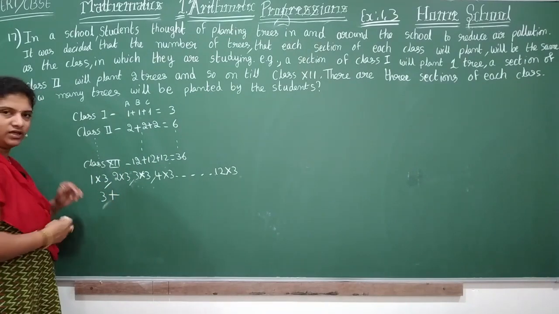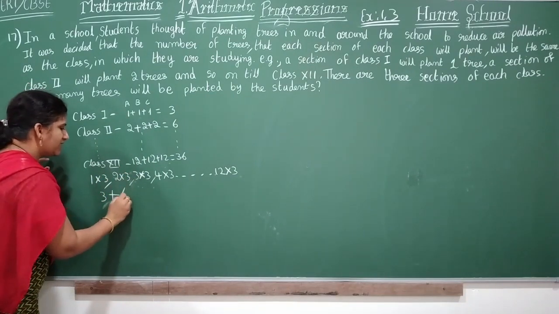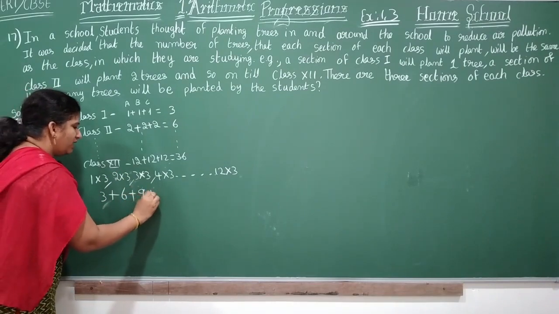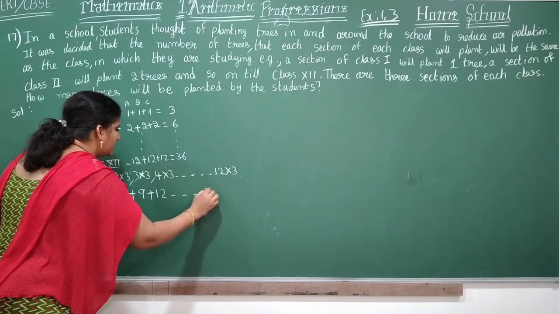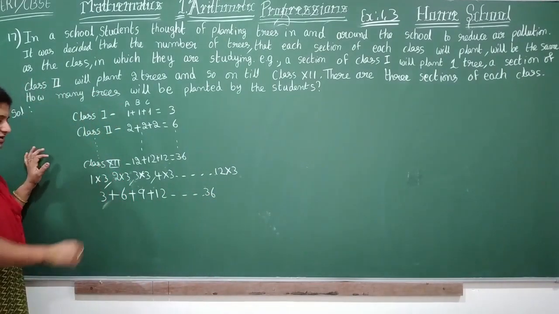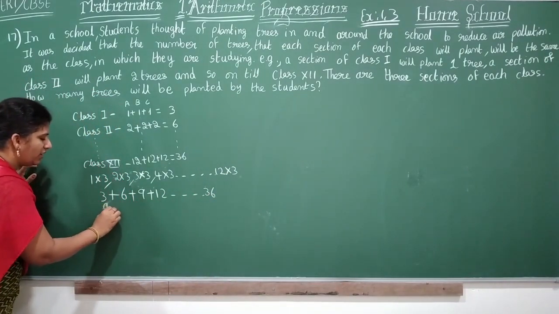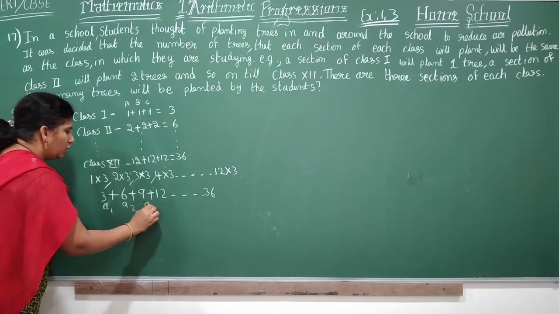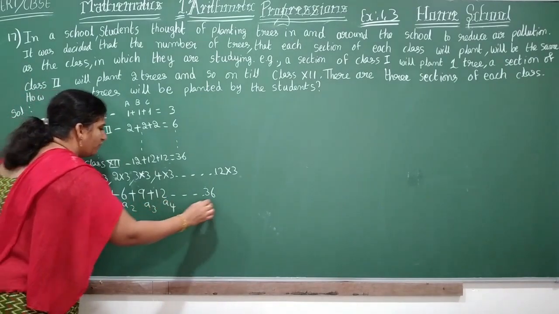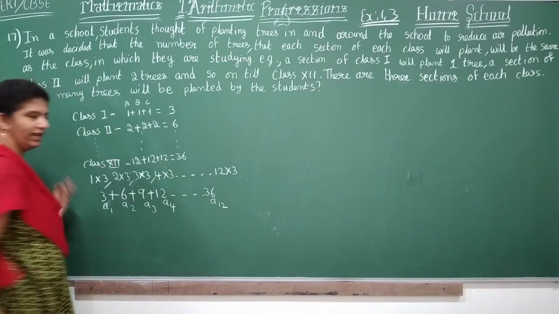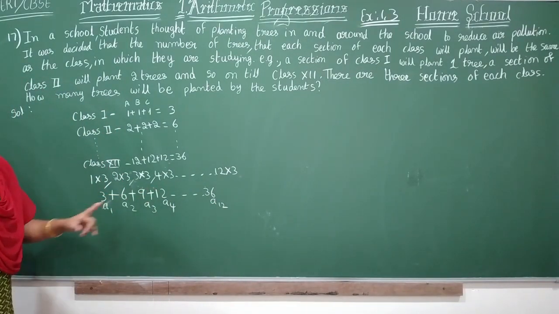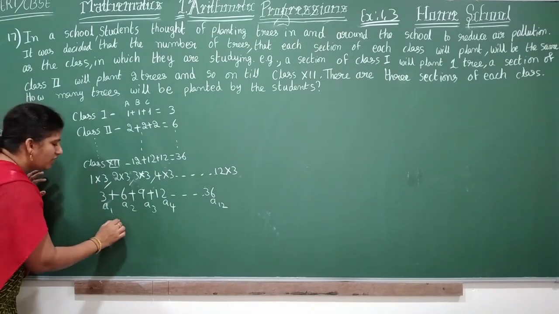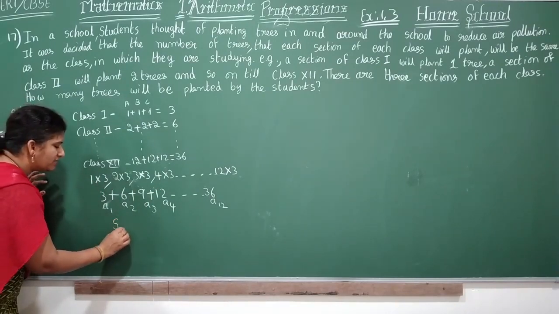So we can put a plus sign here. 3 2s are 6, 3 3s are 9, 4 3s are 12, and so on up to 12 3s are 36. So let's write the terms A1, A2, A3, A4, and so on up to A12. How many are there here? 12 classes, right? So now I need the sum of 12 terms.